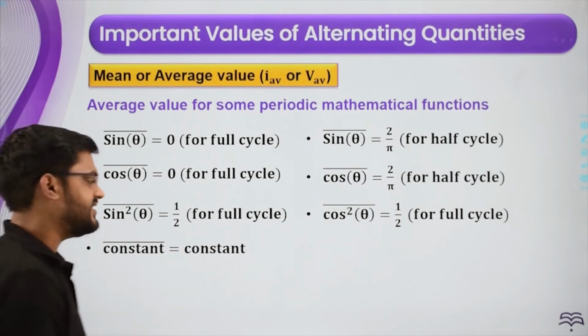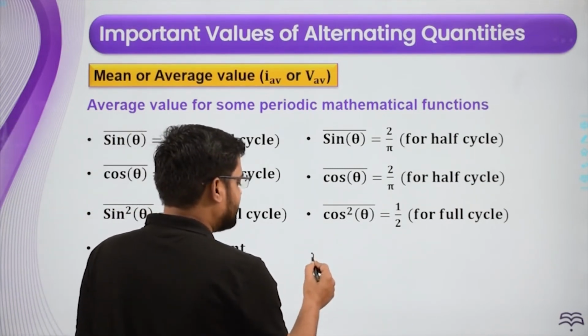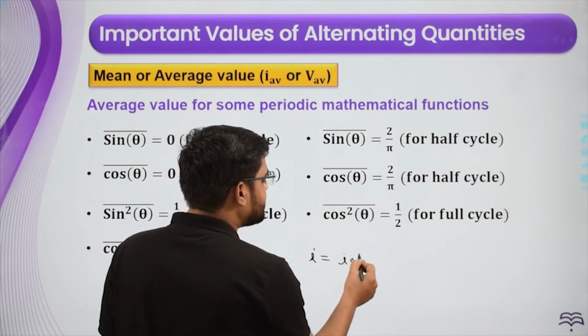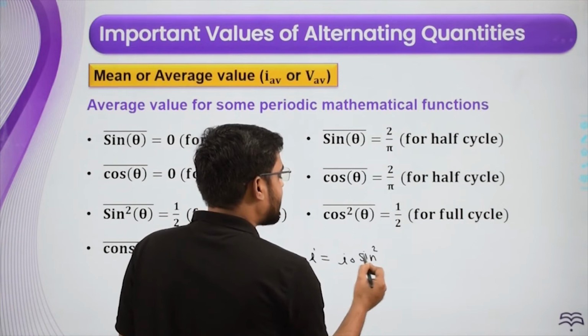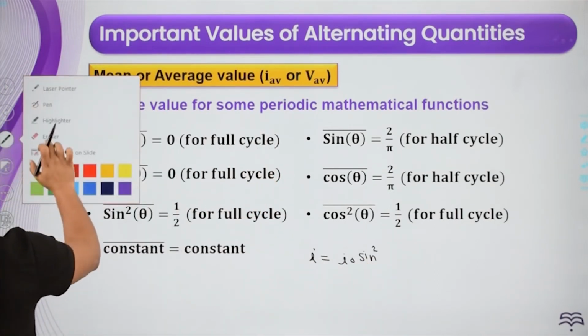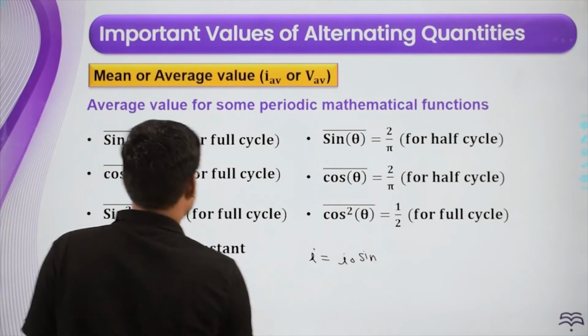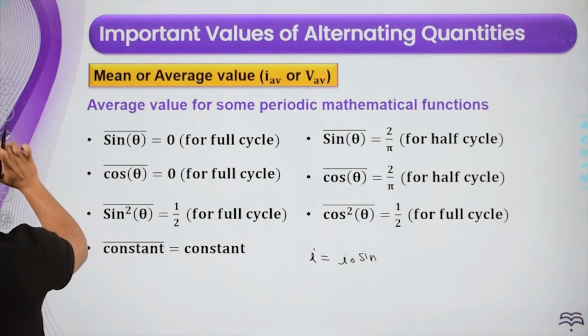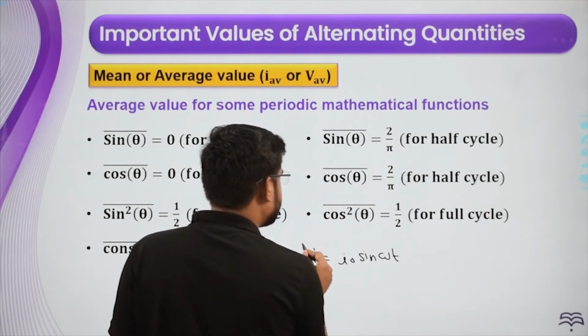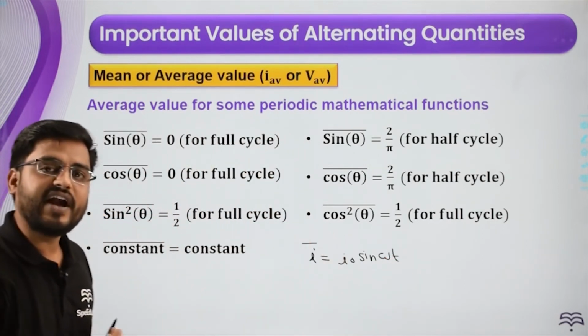Let us utilize these, just finding the average value of current. So I is what? I is I naught sine omega t. So if I is I naught sine omega t, then let us find the average of current. Now I am finding for full cycle.